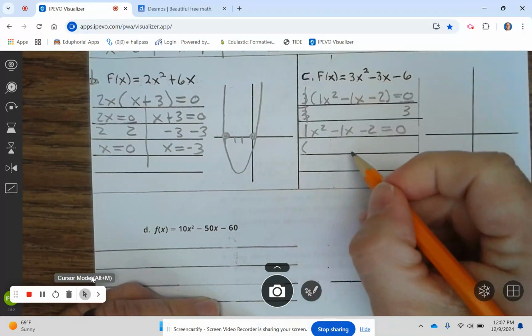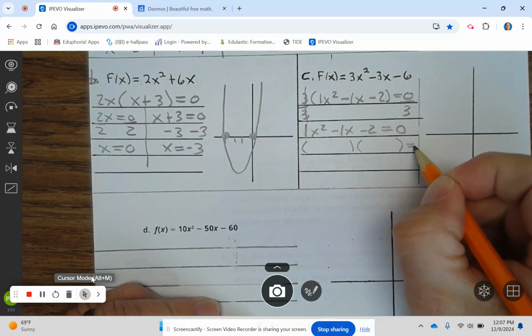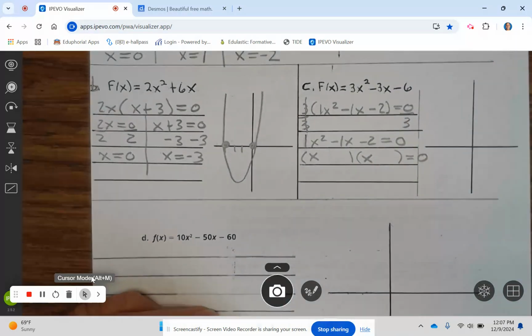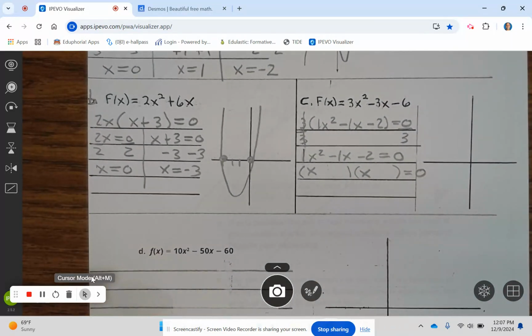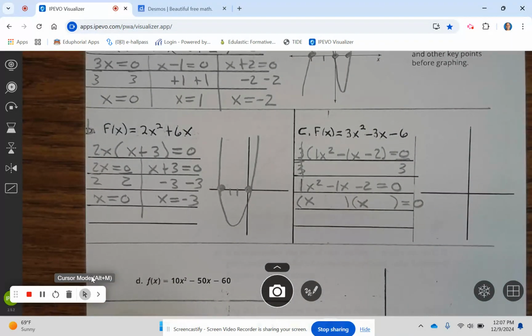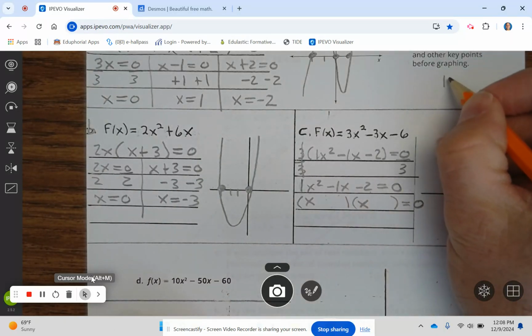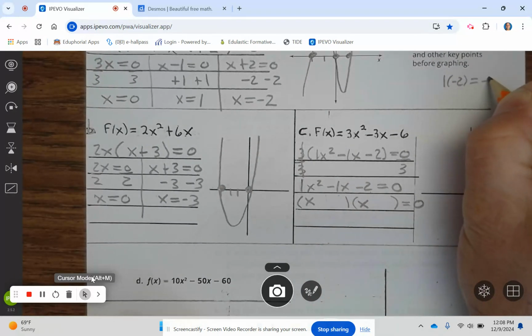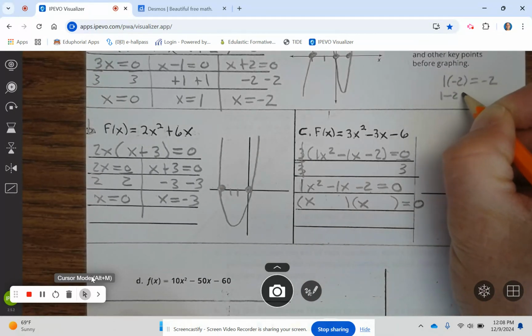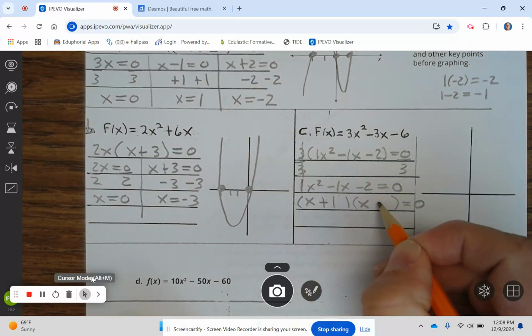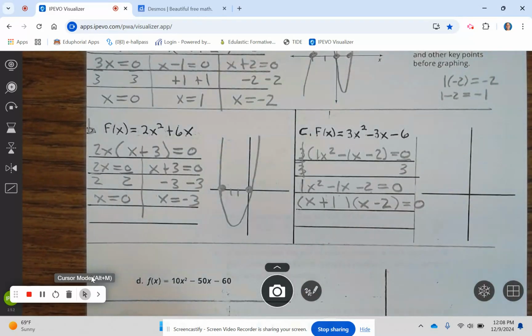And then 2 parentheses. X and x makes x squared. Now we need to figure out what numbers multiply to give you negative 2 and combine to be negative 1. Since the middle number is negative, the bigger number is negative. So 1 times negative 2 is negative 2. 1 minus 2 is negative 1. That works. So our factors are x plus 1, x minus 2.